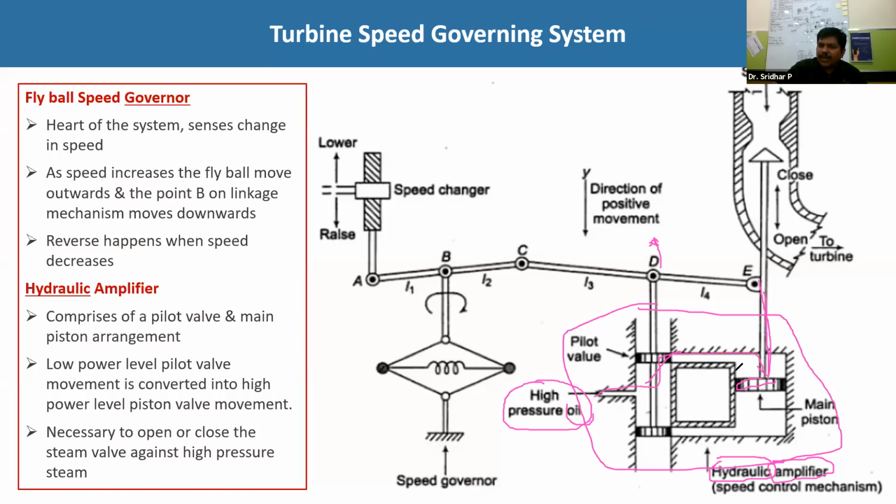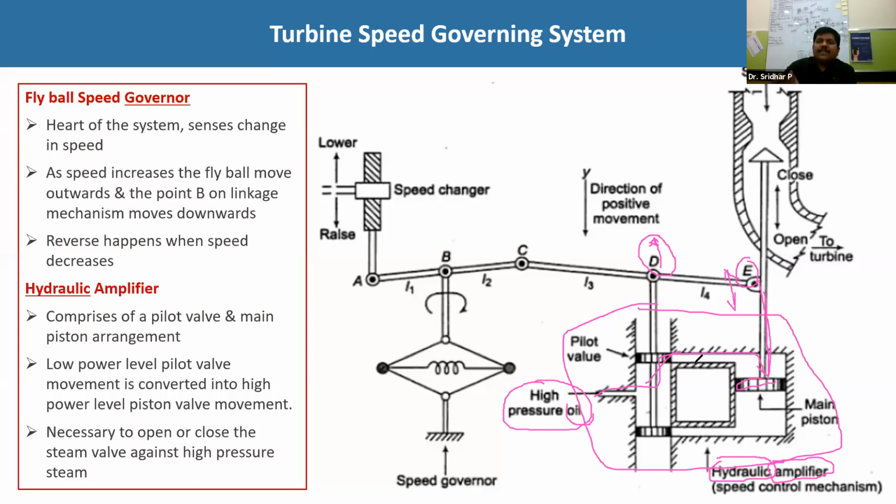Because of this high pressure, this main piston will find some reaction forces on it. Because of this, point E may be moved in the upward direction or the downward direction based on the movement of this small d. So this minute movement of small d is able to control the larger movements of point E or the main piston. Smaller displacements are converted into larger displacements.